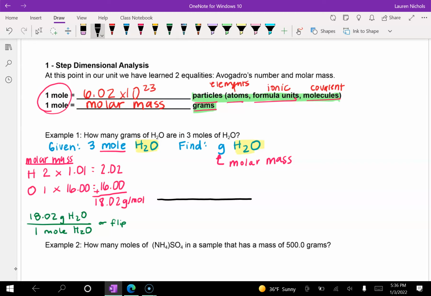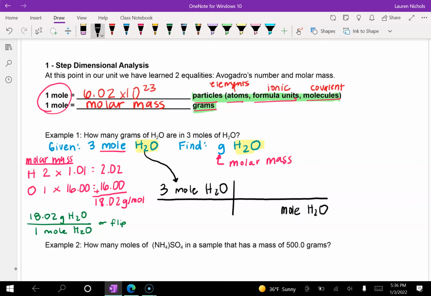So when we set up our t-chart, our given always goes in our chart first. So we have 3 moles of H2O, and we know that if moles of H2O is in the numerator, that means it also has to appear in the denominator.